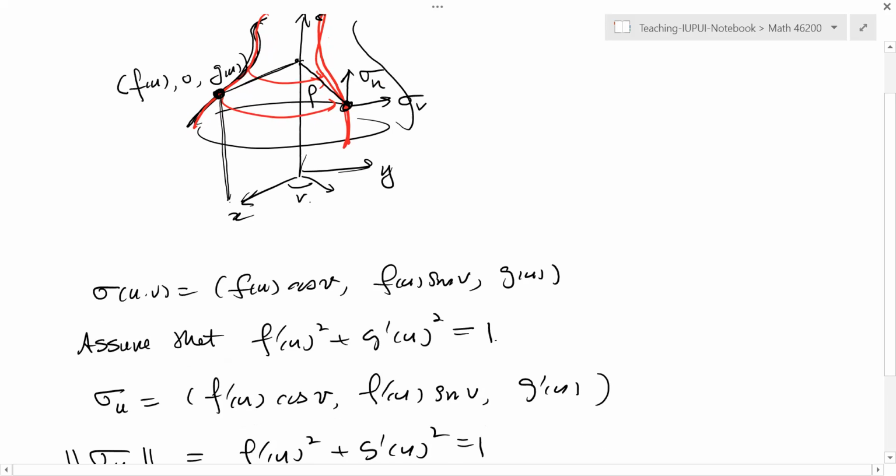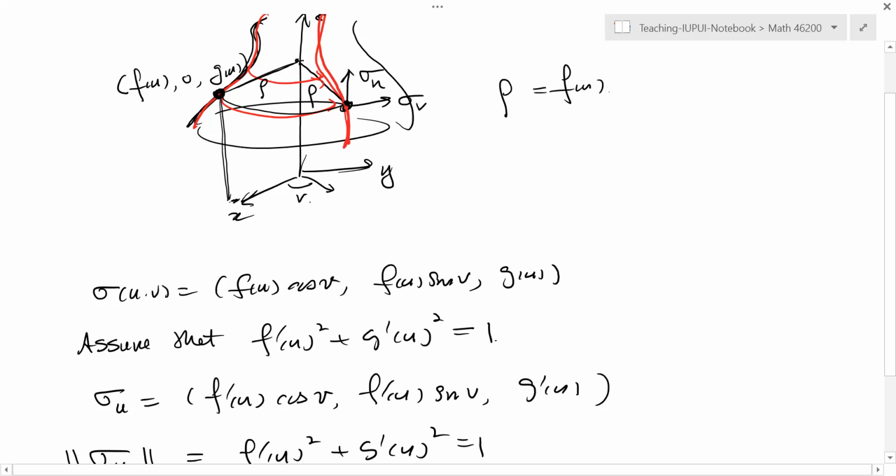The distance, this is the radius rho, just f of u. Rho is f of u, clear?